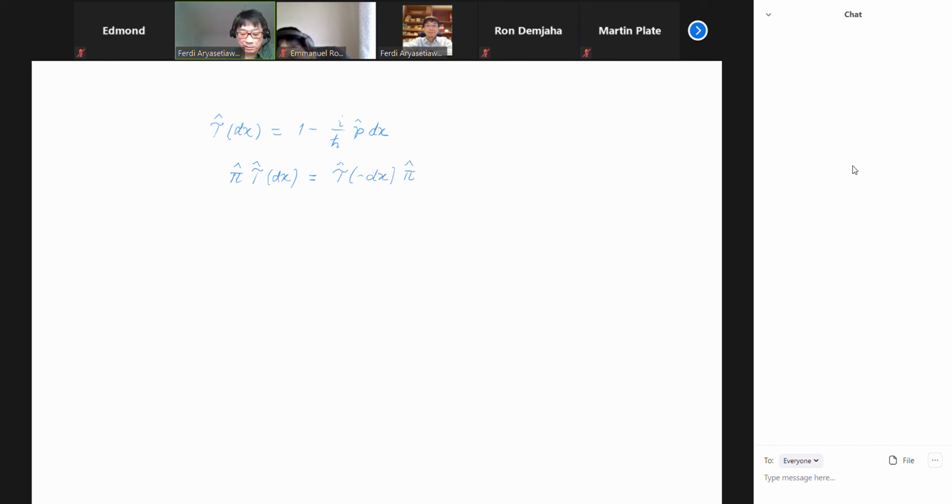It's quite straightforward algebra here, but let's go through this properly. So let's look at the effect of applying the left-hand side to some arbitrary state psi. So then it gives me pi T(dx), and then we insert the completeness relation.